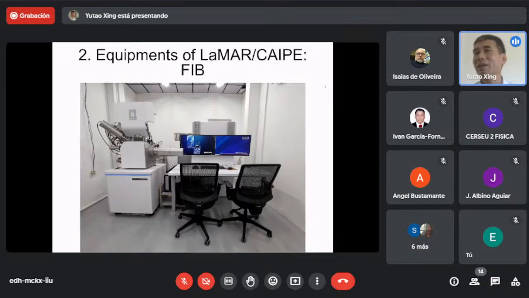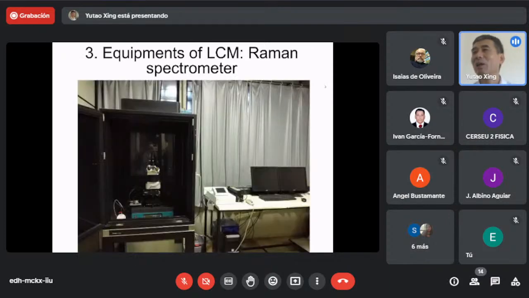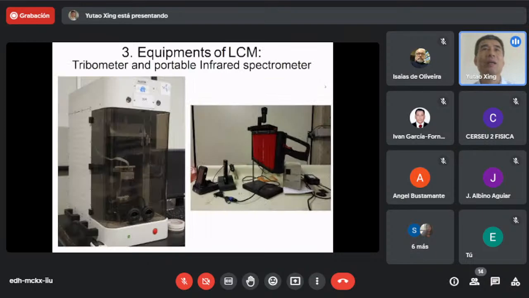So we will have a very nice meeting, workshop, and of course, very famous, we will have churrasco. And in our characterization lab, we have a Raman spectrometer, a tribometer, and also a portable infrared spectrometer. These are more or less the facilities installed in our labs.